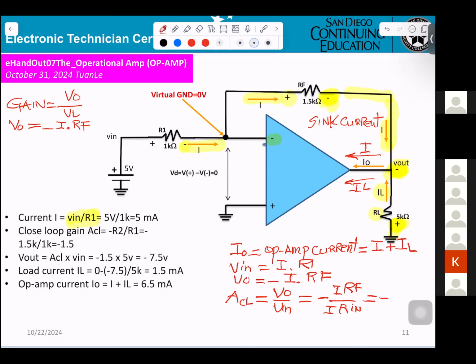Finally, minus RF divided by Rin, because the I's cancel out and you're left with the minus sign. I'm glad you wrote that part, Mr. Pham. I kind of understand it, but it was getting fuzzy there. Whatever you guys need, just let me know.